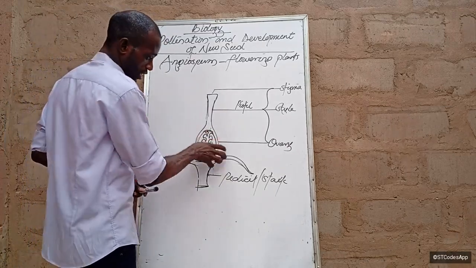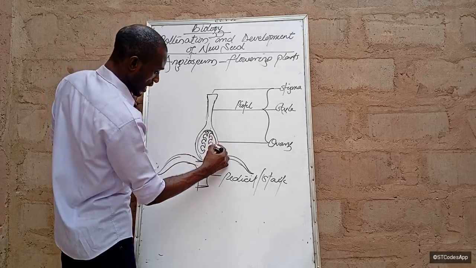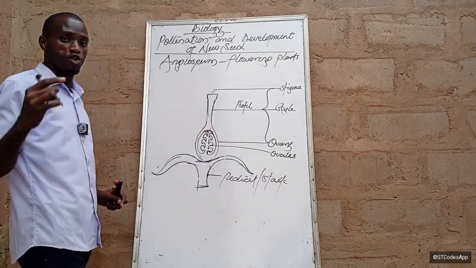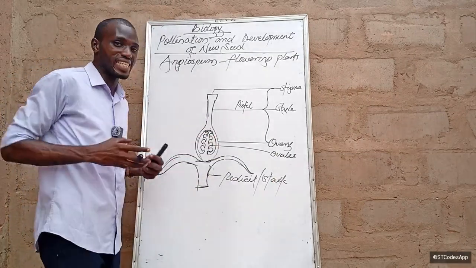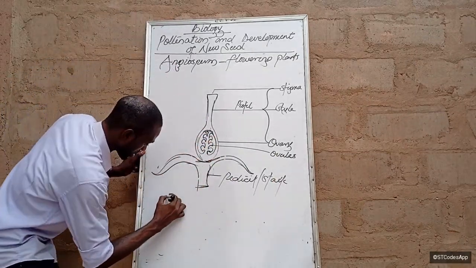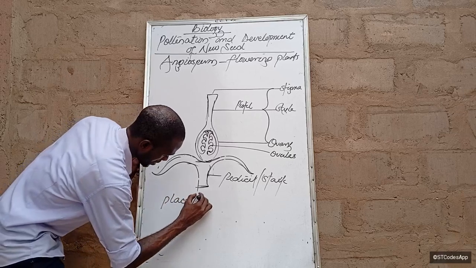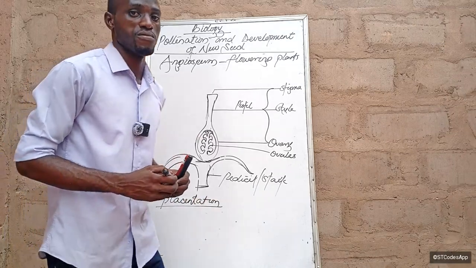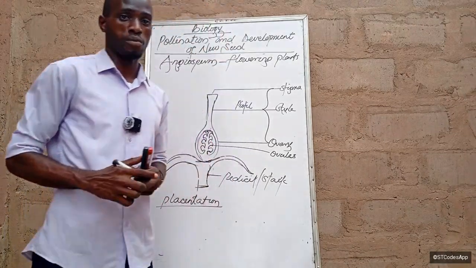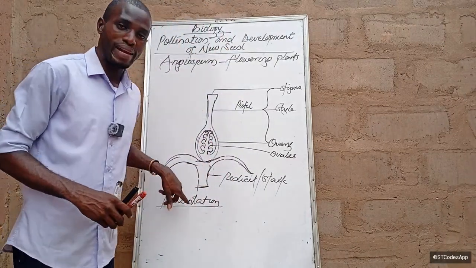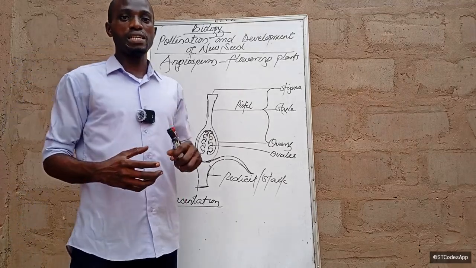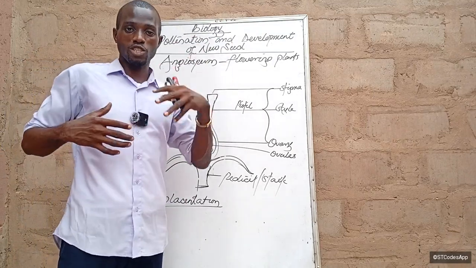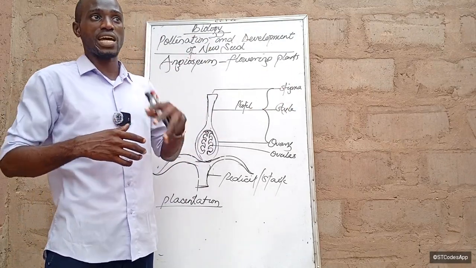All right. I'm going to expand the structures. So these are ovules here. The arrangement of the ovules inside the ovary is known as placentation. Now, why is the name like this? Just like we did in the reproductive system of human, we talked about the placenta being the connection between the mother and the child.